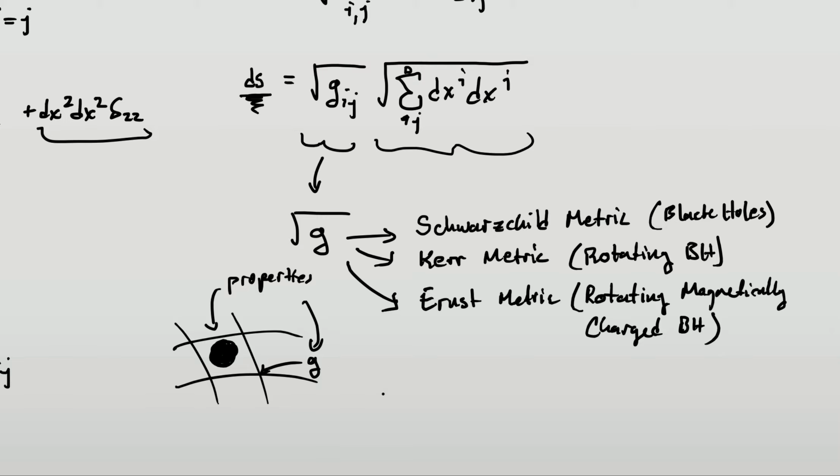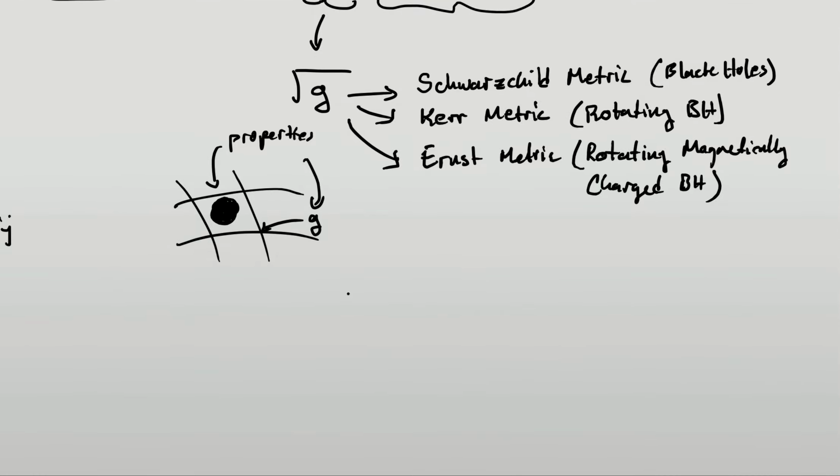So we go from understanding what g is, and throughout this playlist we're going to take a look at the various forms that it can take on, and derive some of them.